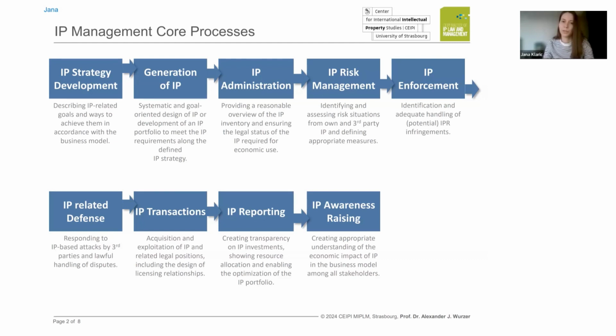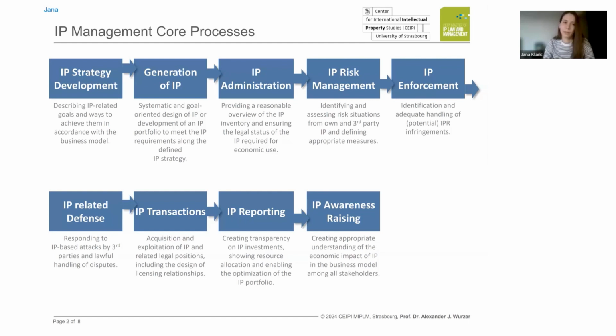Then we go to the IP enforcement, which involves the identification and adequate handling of the potential IP infringements. After the infringements, we also have the defense of it. So the next step is the IP-related defense. This consists of responding to the attacks made by the third parties.